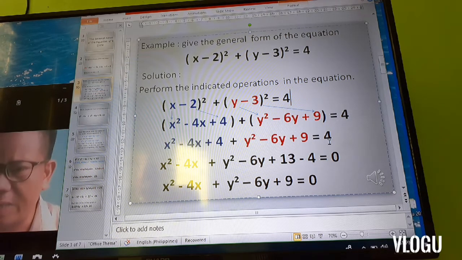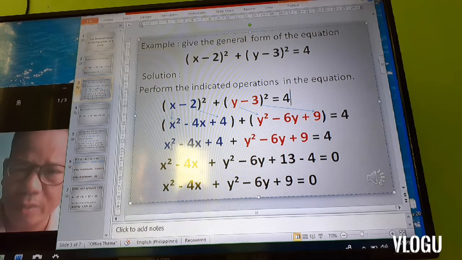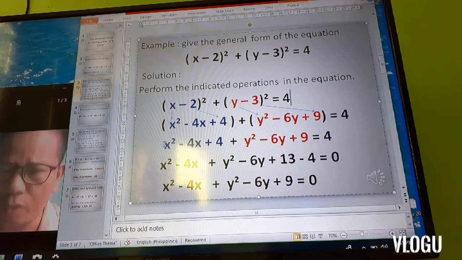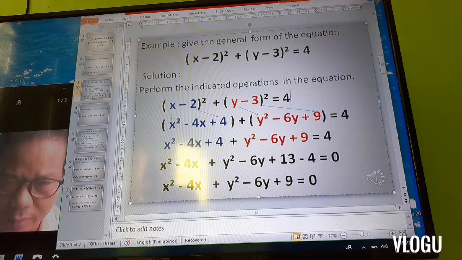So, anong ginawa ko? Tinanggal ko lamang po yung parentheses. What is the purpose? For us to eliminate the numbers na posible pang ma-eliminate. Okay, ito na po sila. Then, kinopya ko po, just drop down x squared minus 4x. Then, yung 4 plus 9 ay naging 13.